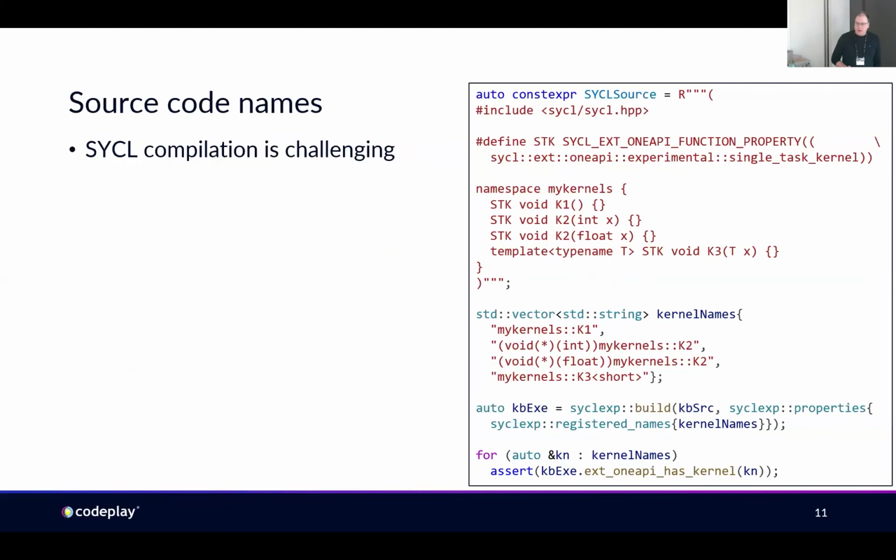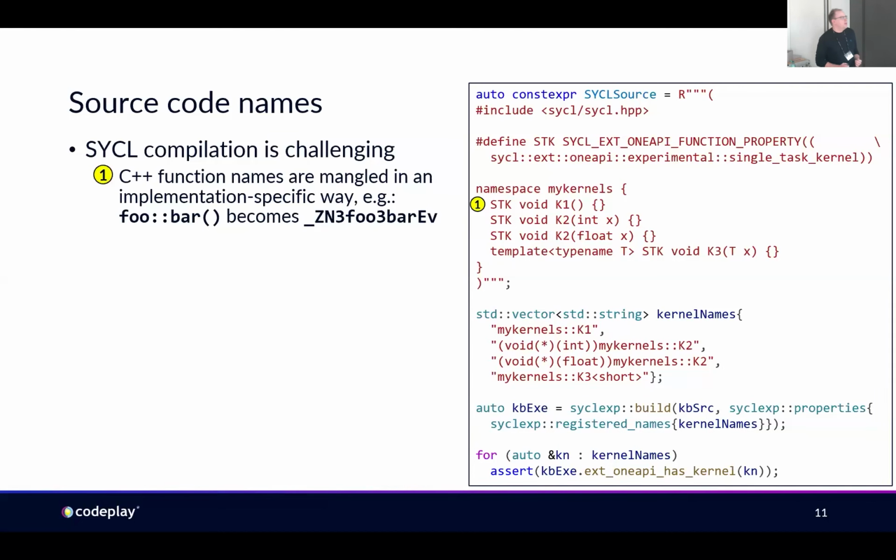All right, let's talk about the source code names. SYCL compilation is challenging. Why is that? Because it's based on C++. Of course, names are subject to name mangling. So you probably have seen that somewhere, that namespace names, for example, become this interesting string of characters, just to make them unique at the lower level where runtimes operate.